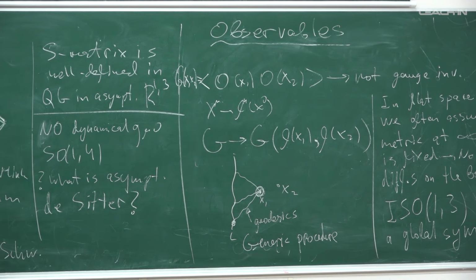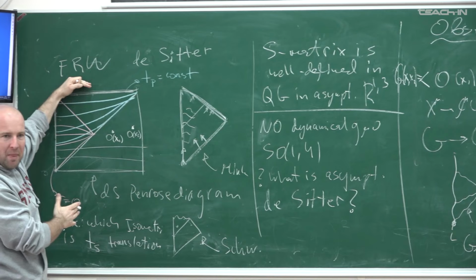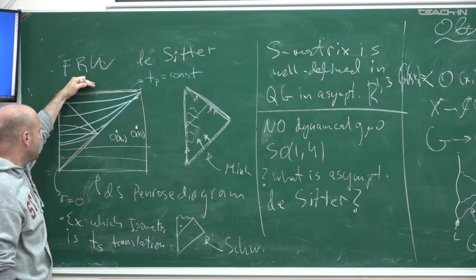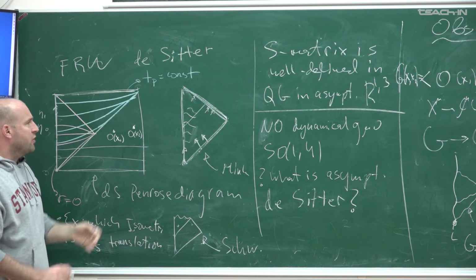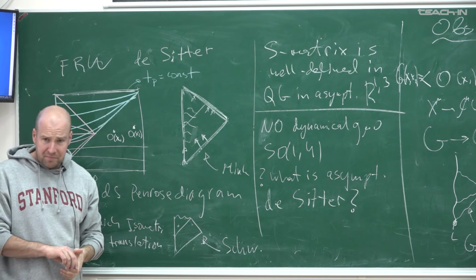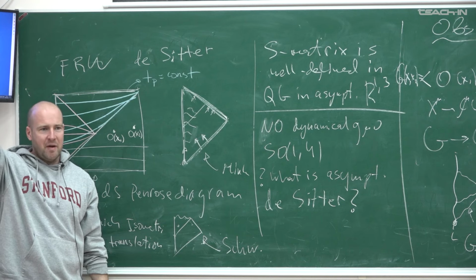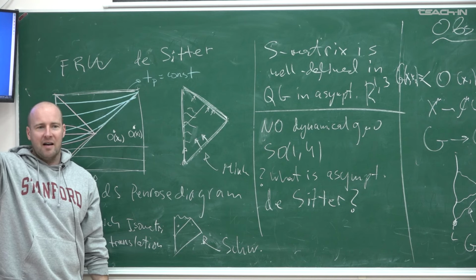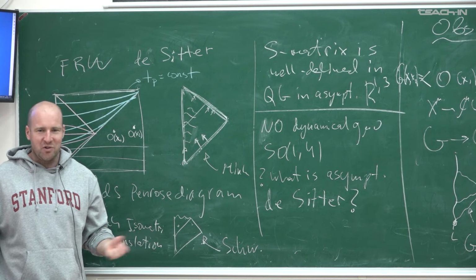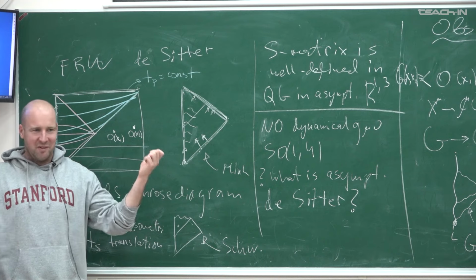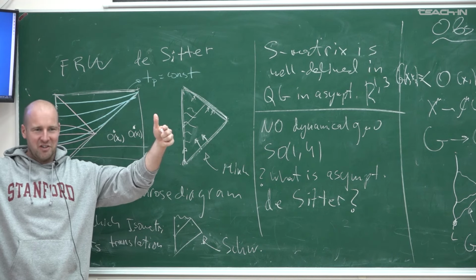You could say, well, why don't we do the same thing? Why don't we freeze metric fluctuations on this boundary and on this boundary? But this is not what one is allowed to do, because this boundary is really in the future, and it's not okay to say that we're fixing the metric fluctuations in the future, because it's acausal. You do some stuff and it produces a metric fluctuation. You cannot demand that they vanish at infinity.